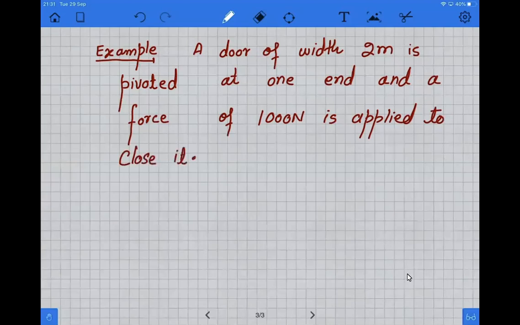So initially the door was open, you want to close it. So the door was, for example, at this position.